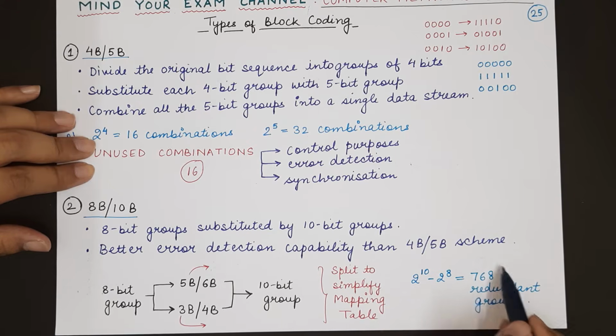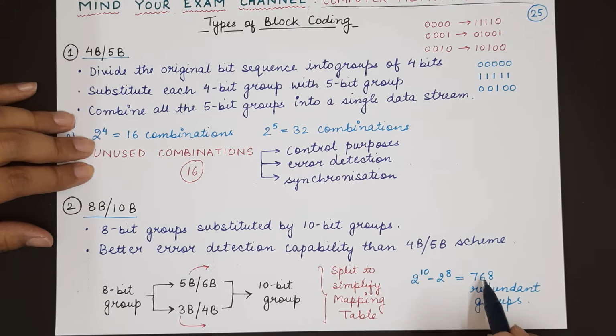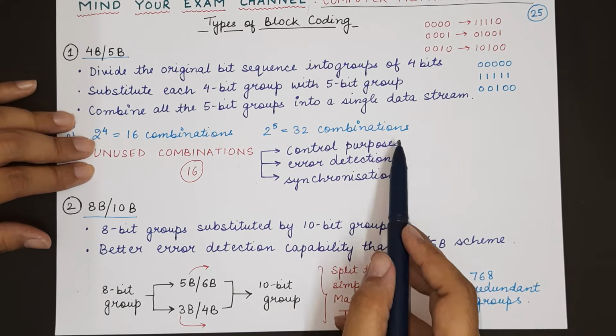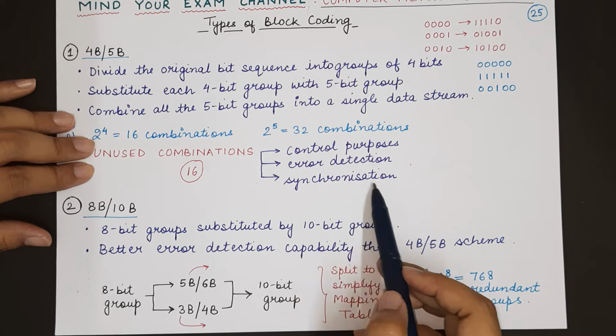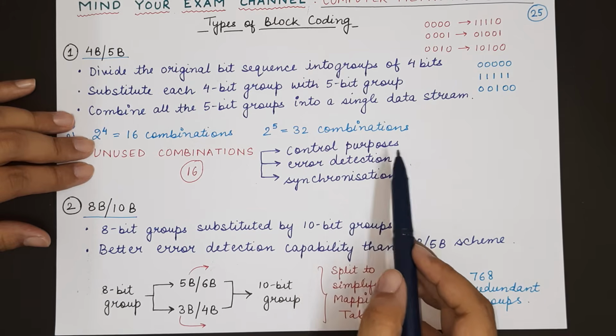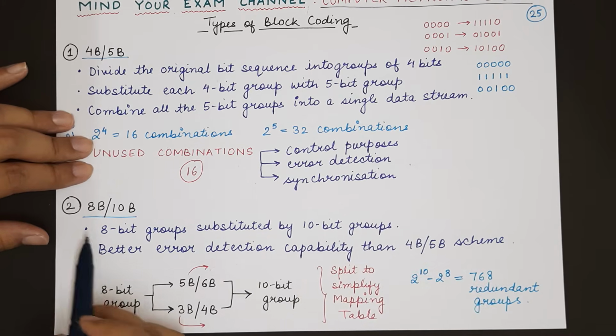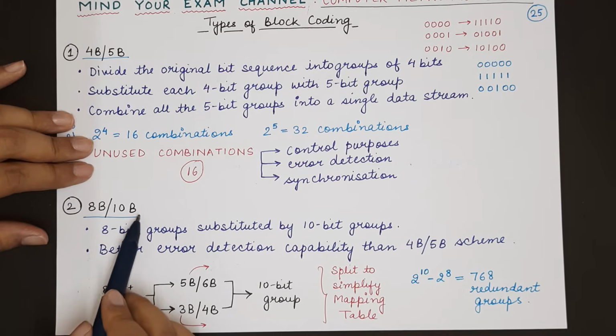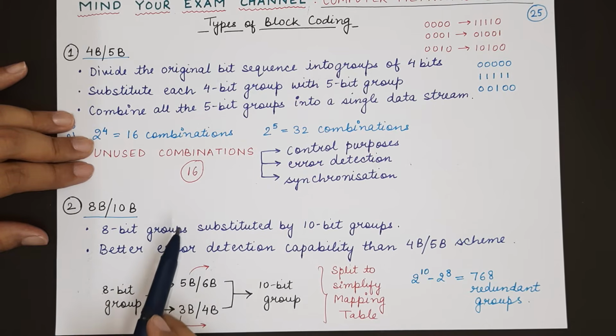So we will have 768 redundant or extra groups that will be used for error detection, synchronization and control purposes.